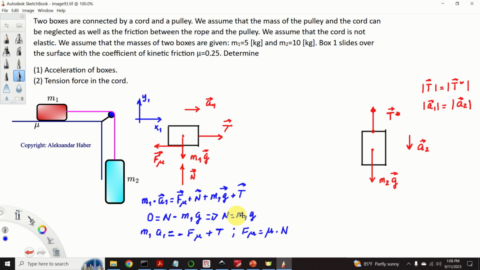And by using this equation, we can actually figure out that F mu is mu times M1g. Now, by substituting this expression in this equation and writing the equation over here, we obtain M1 times A1 is actually equal to T minus mu M1g.